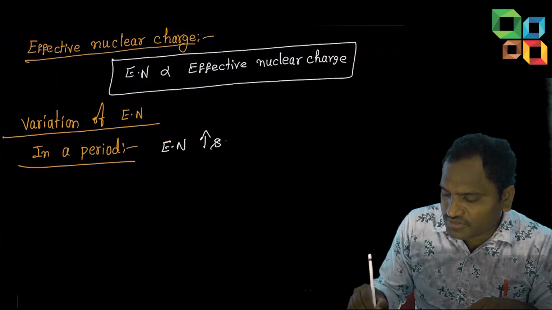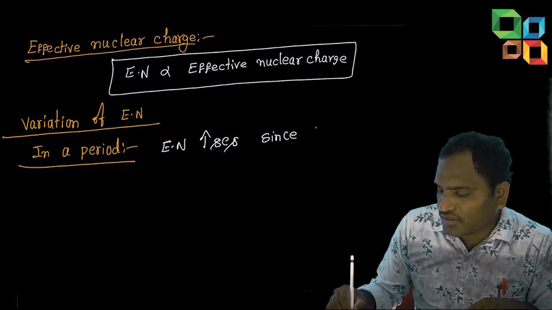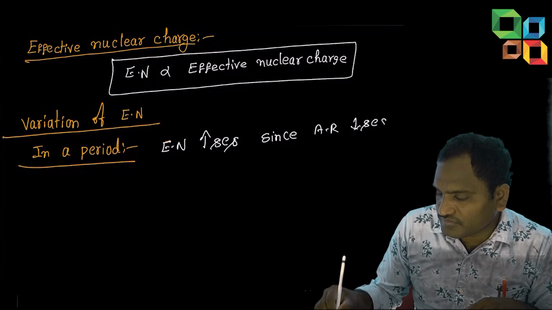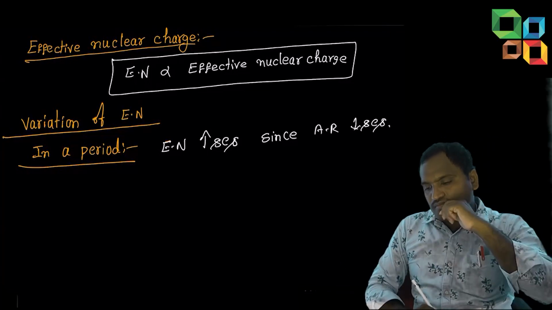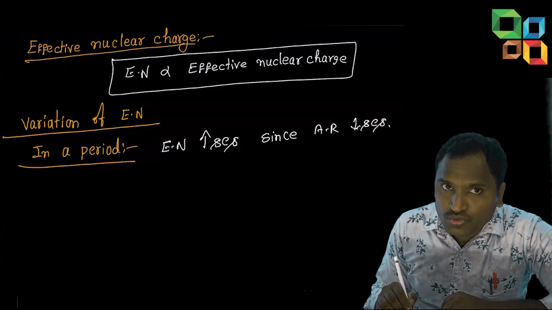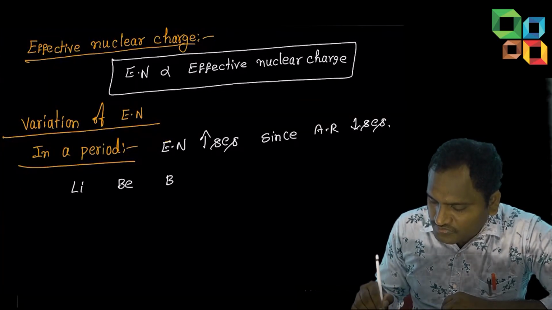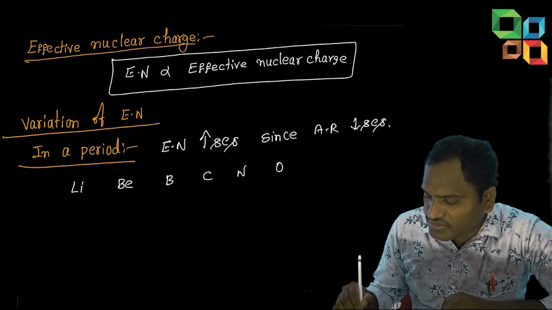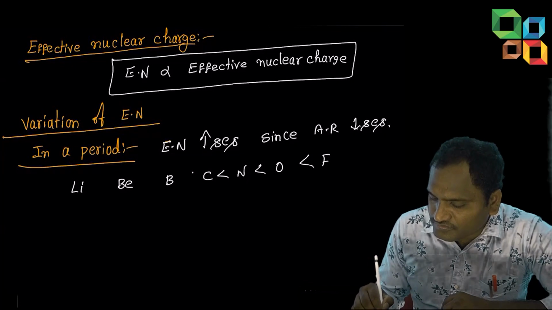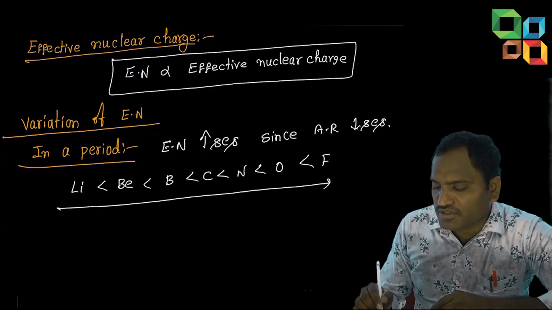Simply one sentence: electronegativity increases since atomic radius decreases in a period. So if you take lithium, beryllium, boron, carbon, nitrogen, oxygen, fluorine, which is more electronegative? Fluorine. Noble gas you need not consider because it has a completely filled configuration.